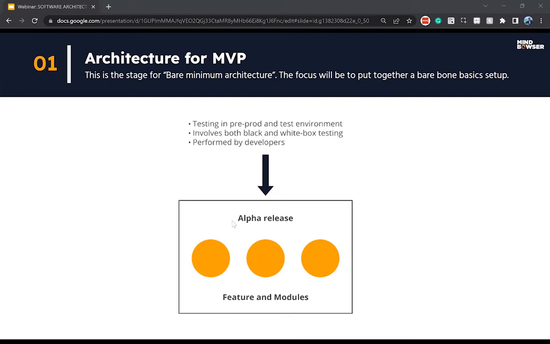So mainly, for PHI data, there are two things we have to follow: encryption at rest and encryption in transit. That means when the data is stored in the data stores, all the data should be encrypted.